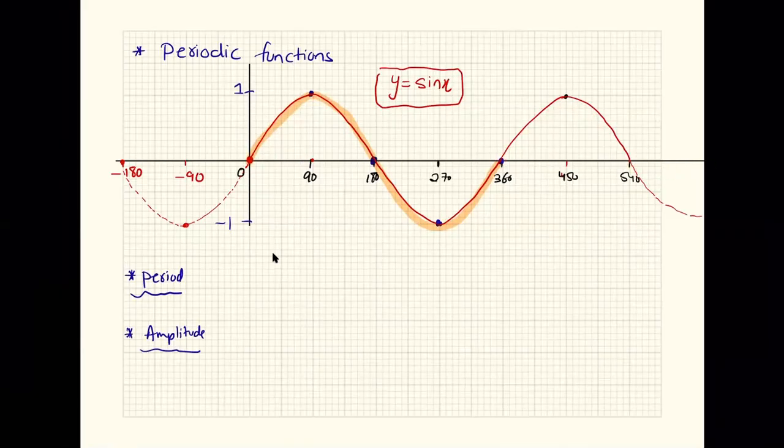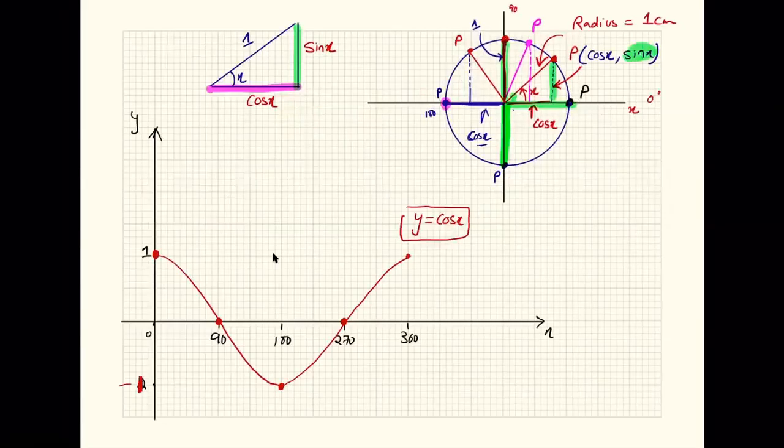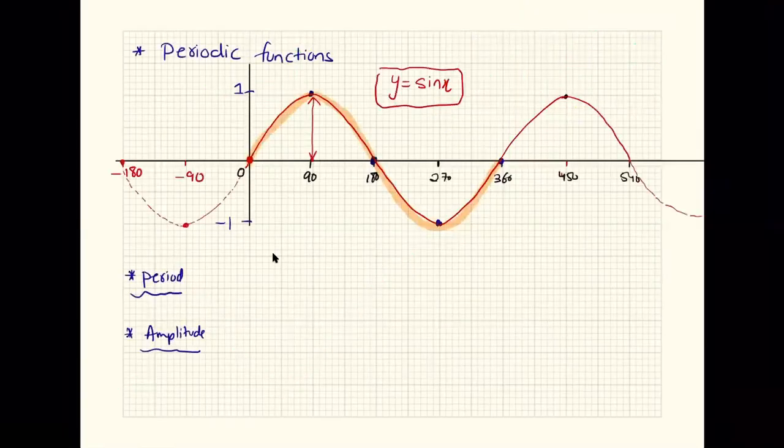The distance from here to the top is referred to as the amplitude. For the basic sine and cosine functions, the amplitude is 1. Even for the cos x graph, the distance between the principal axis and the highest point is 1. So you can say that the amplitude is 1.